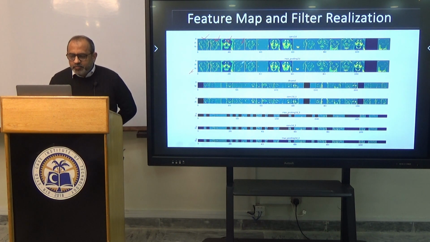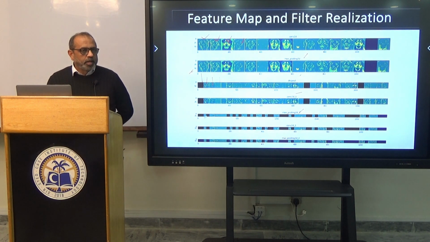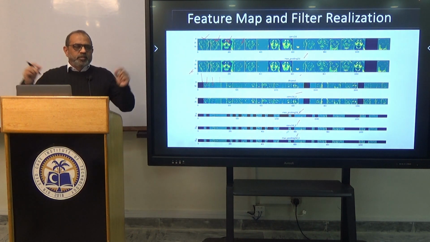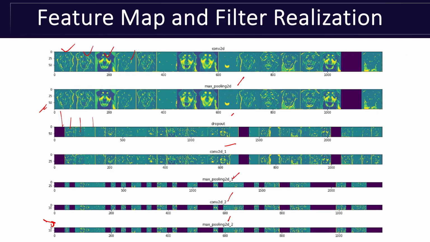This is the second set of images with max pooling, and now your image size is reduced to half. Then again convolution and max pooling, reduced to half, again convolution and max pooling, reduced to half, and ultimately it becomes a feature. These are features which you cannot really understand, but it has somehow automatically extracted all the features which will help you do a good classification.